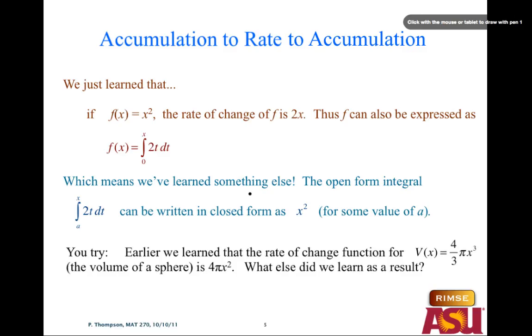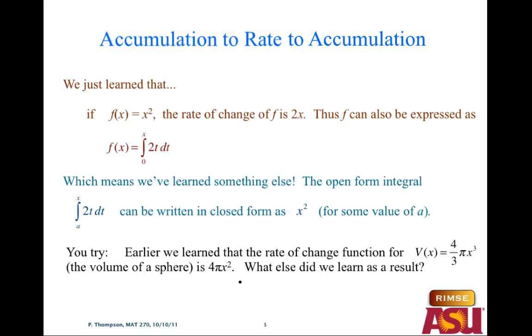All right, so you try this, okay? Earlier we learned that the rate of change function for the volume of a sphere is 4 pi x squared. So what else did we learn? Given that the volume is 4/3 pi x cubed, by getting the closed form representation of its rate of change, 4 pi x squared, what else did we learn? Can you write out a statement that shows what else we learned as a result of that? Super important.